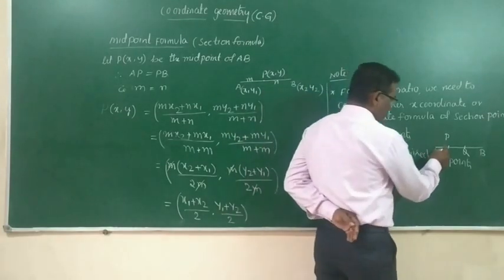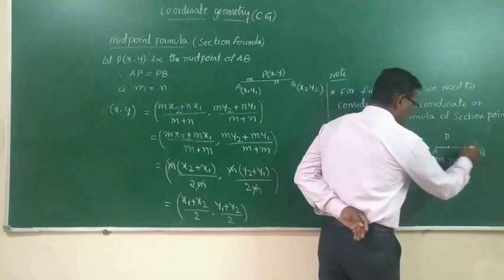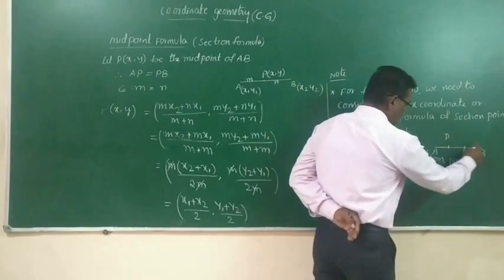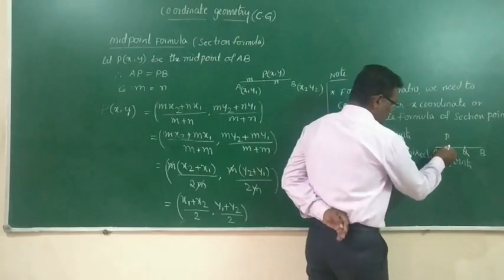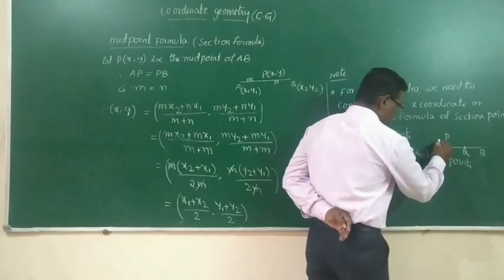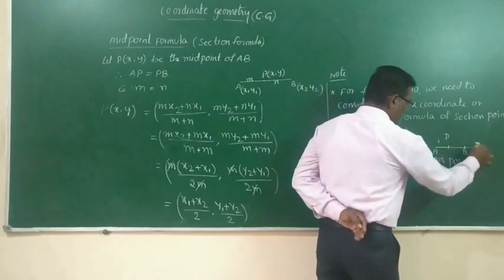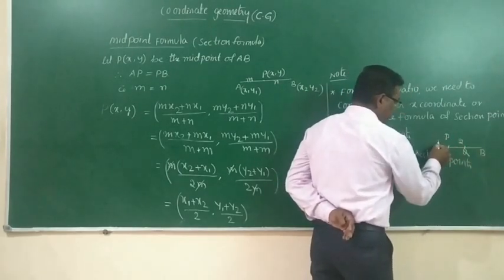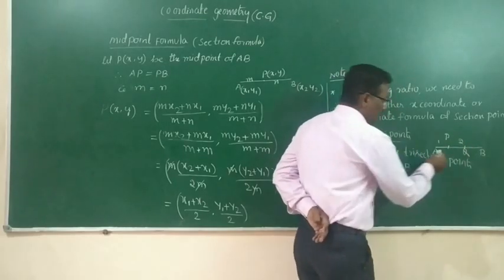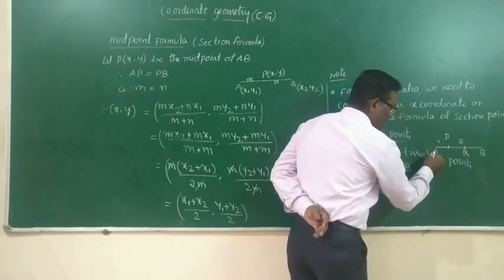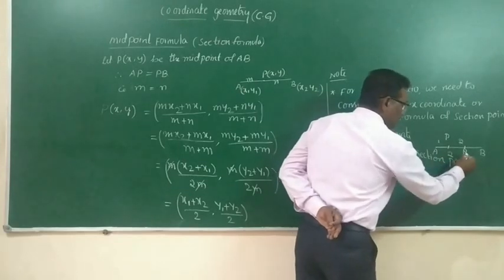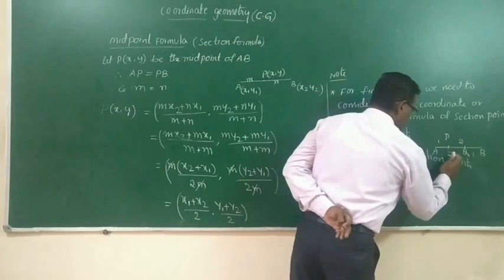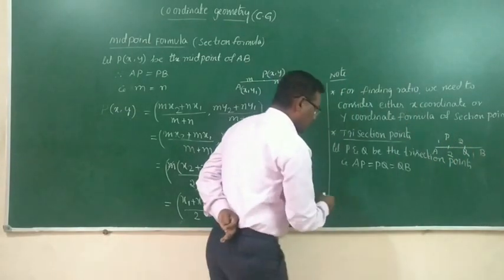Therefore, when you observe P with respect to the line segment AB, in which ratio does P divide AB? P to A one part, P to B two parts. Therefore, P divides AB in the ratio 1:2. Q to A how many parts? Two parts. Q to B one part. Therefore, Q divides AB in the ratio 2:1.